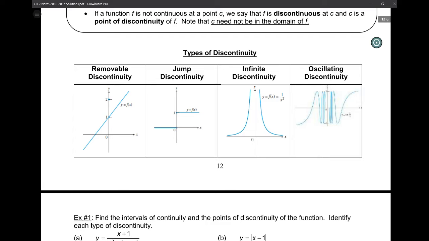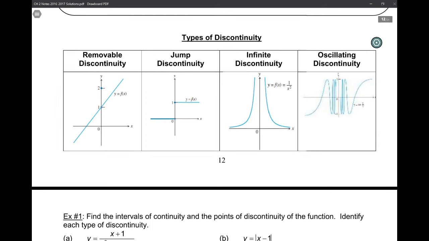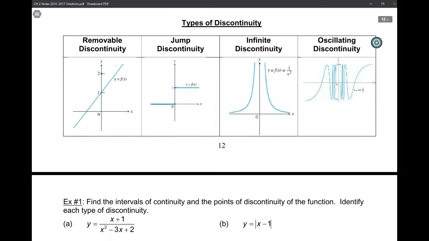Now, how do we know if it's a removable discontinuity? So, Brittany, what do you have? Hole in the graph. So the way it would be described with limits would be, let's say, the limit as x approaches 1 from the left is equal, actually let me put f of x in here.